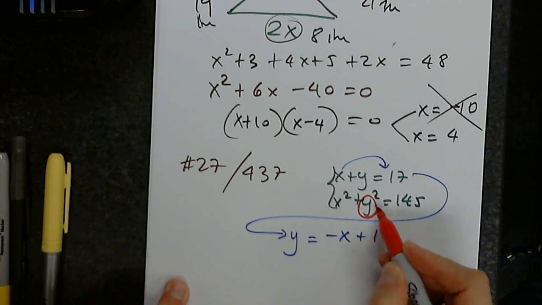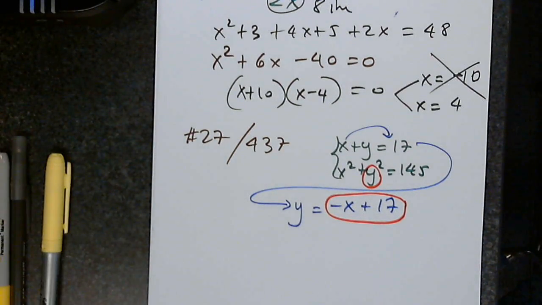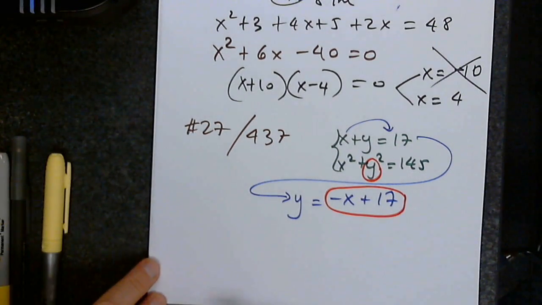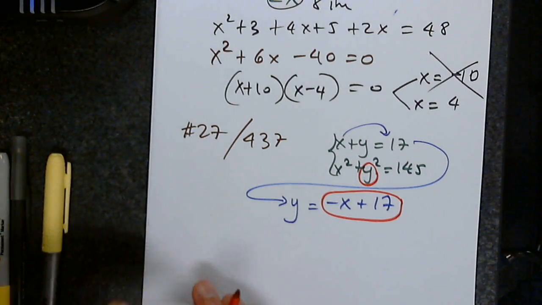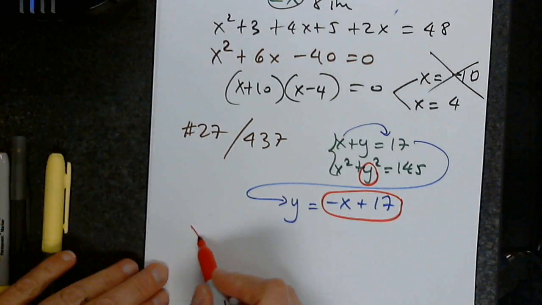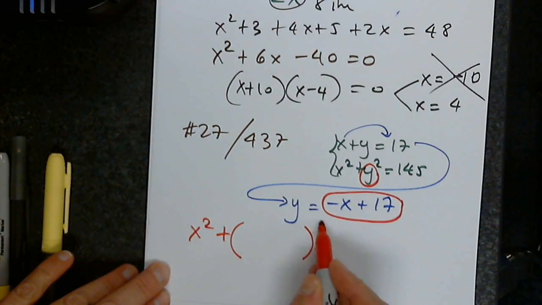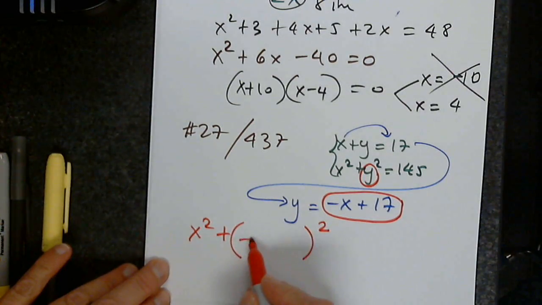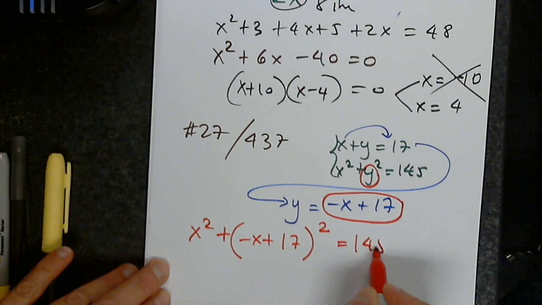So this piece is this. Can anyone dictate the second equation now? The raw equation. You don't have to do anything to it. I just want to see it. X squared plus, in parentheses, equals?